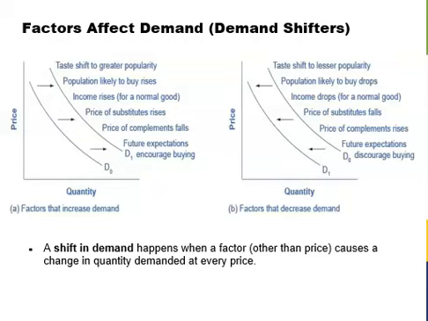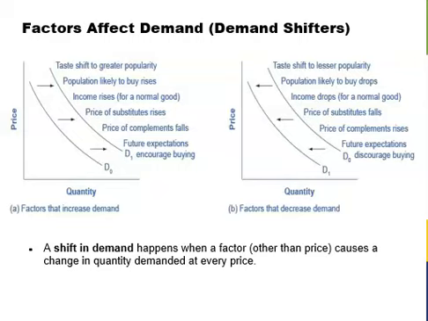The last example is about expectation. Assume people worry that they might lose their jobs because of the COVID-19 pandemic. Demand for cars or fancy vacations might decrease because people want to save up money just in case they really lose their jobs. The demand curve for cars or travel will shift to the left in this situation.